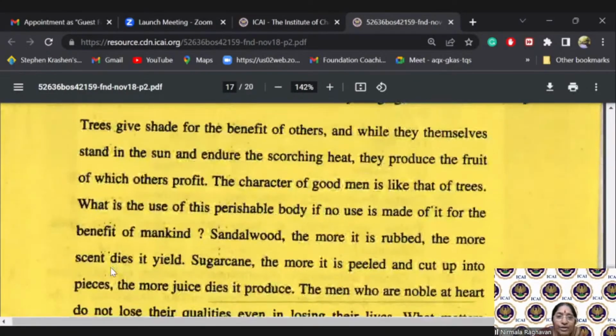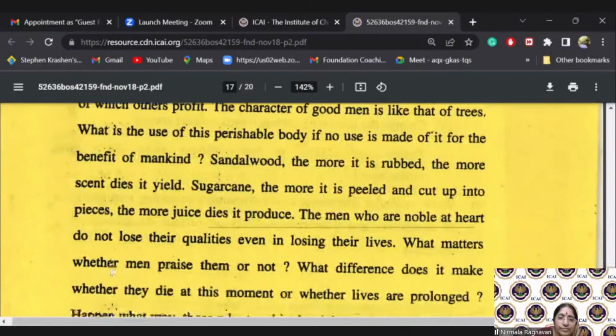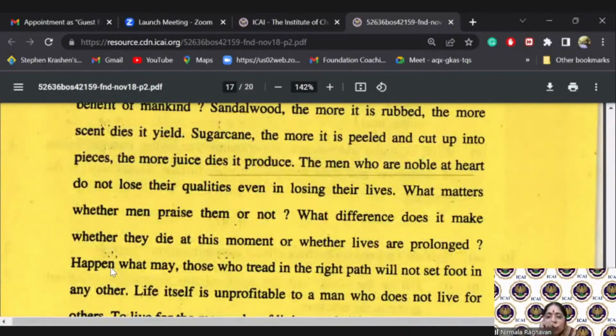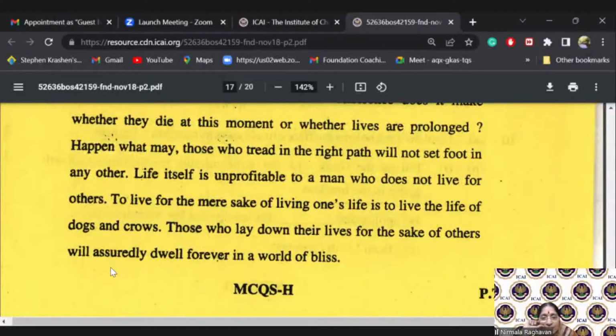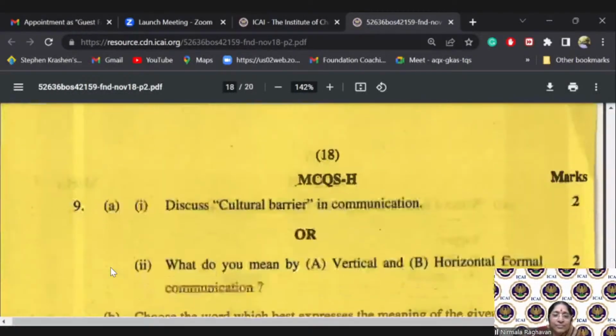Okay. I'm going to run through the passage.